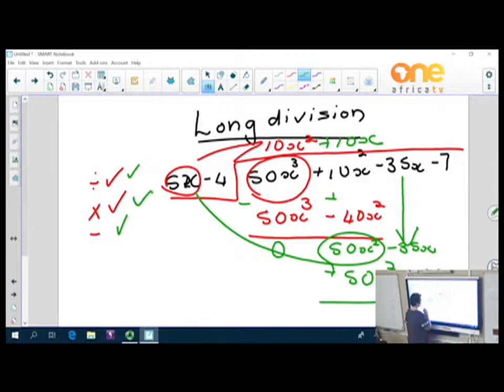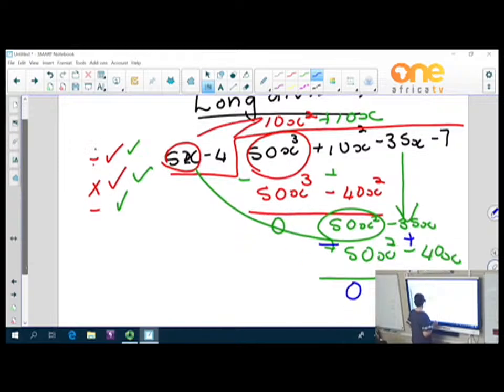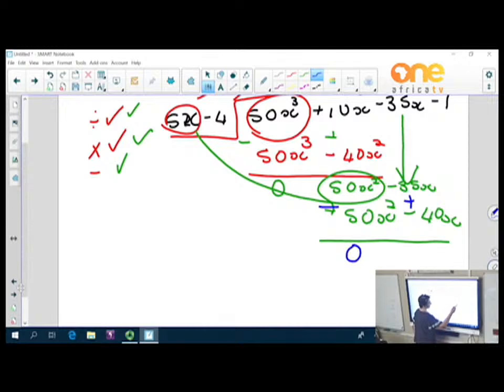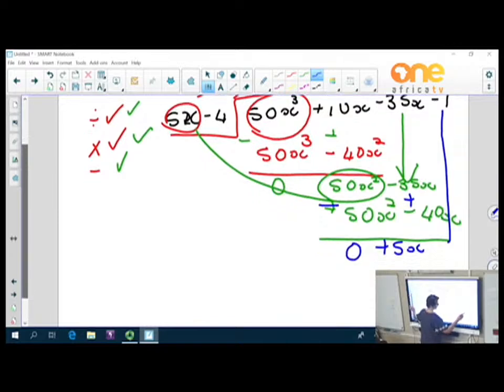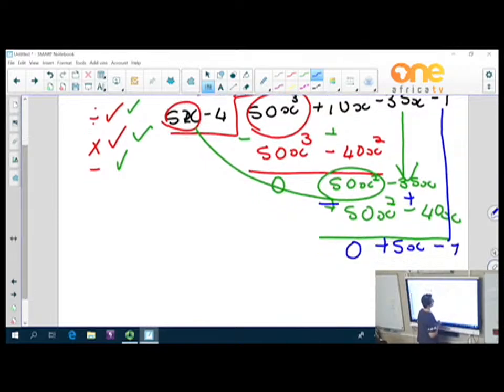I'm going to subtract, so I change the second signs, minus and a positive. This one eliminates. And then negative 35 plus 40 is positive 5x. I bring down that last number, which is negative 7.